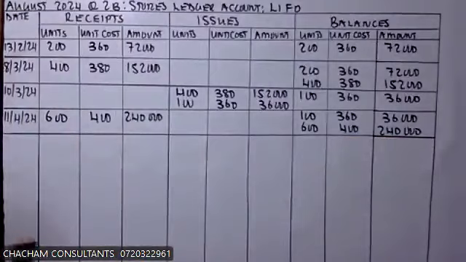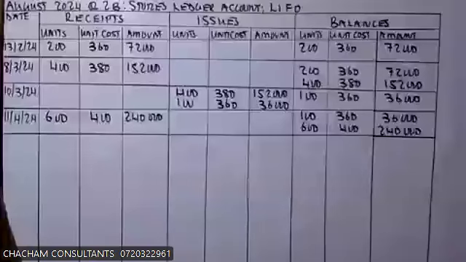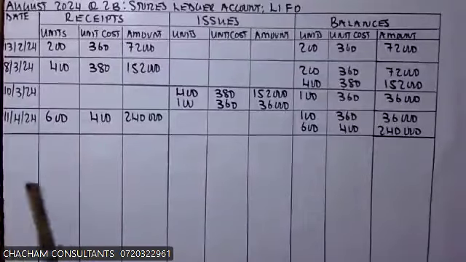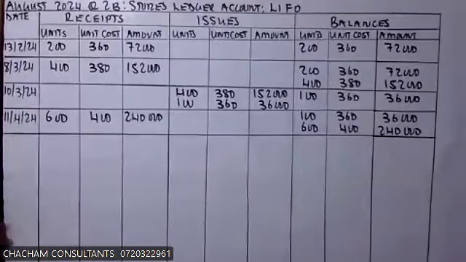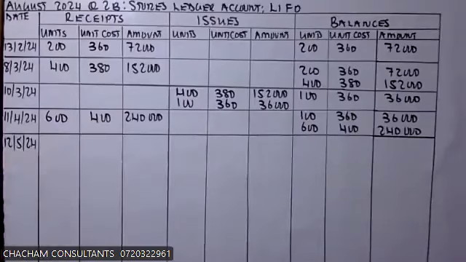After 11th of April, the next earliest date is May 12th. It is May 12th. So 12th of May 2024. And what happened here?